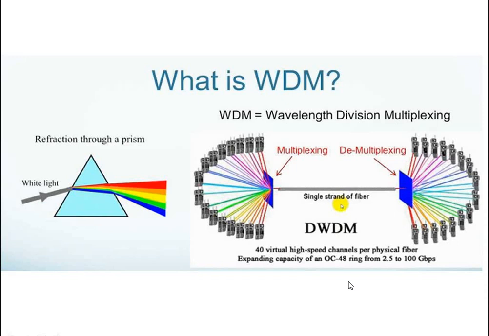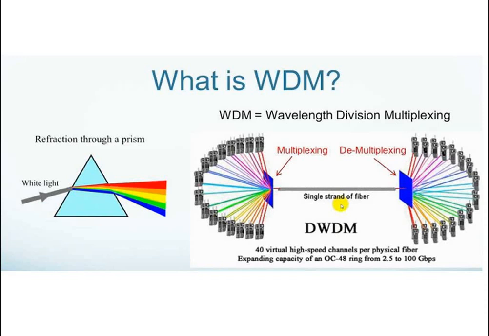So what is WDM? WDM stands for Wavelength Division Multiplexing. It is the most important and most popular method to increase the capacity of a single-stranded fiber.